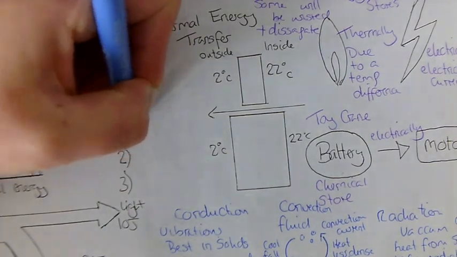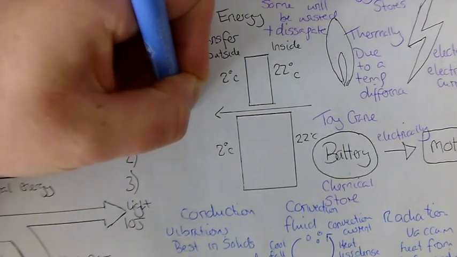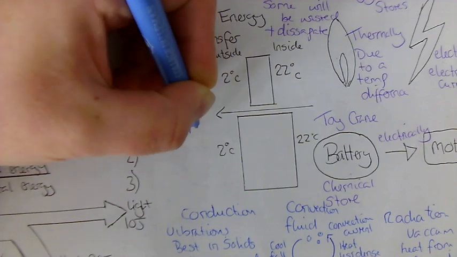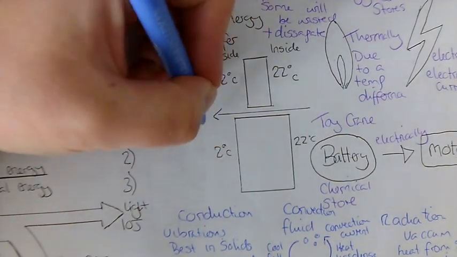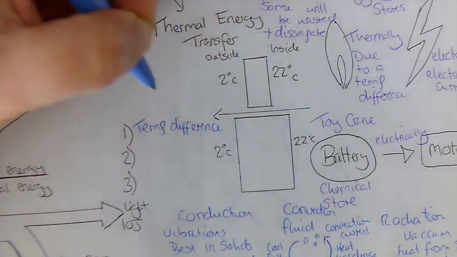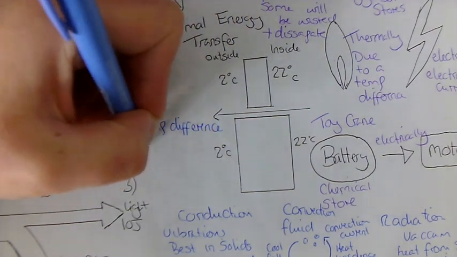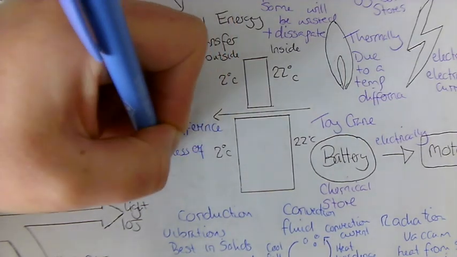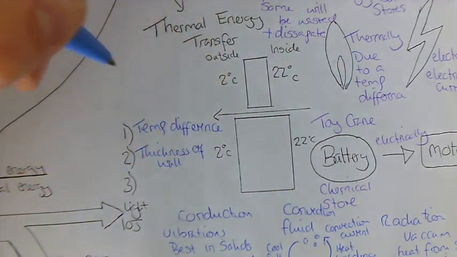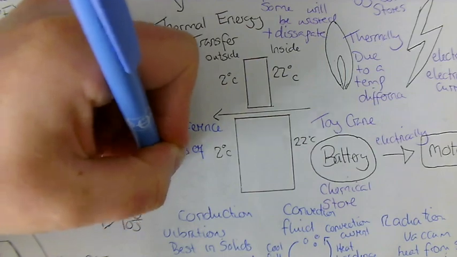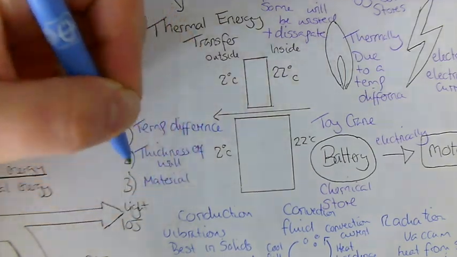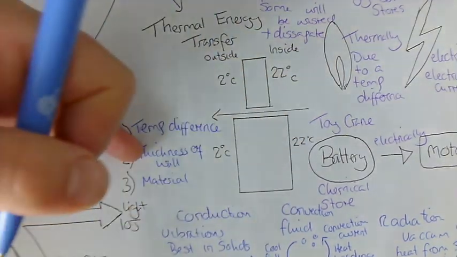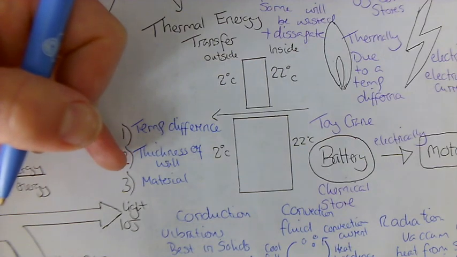So we've got the temperature difference between inside and out, so the temperature difference. We then have the thickness of the wall, and we've got the material. If it's an insulating material, it's going to take longer to pass through.